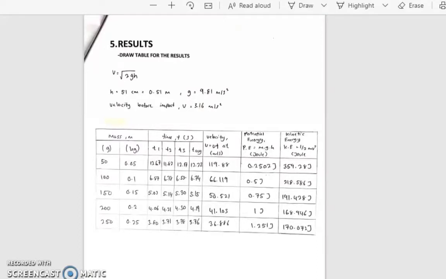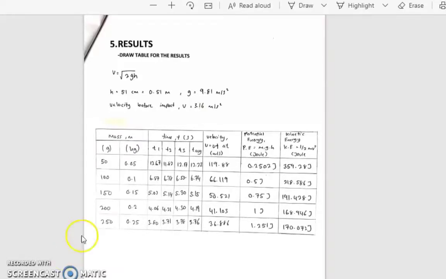And now I will explain the result and calculation for lab 4, potential and kinetic energy. On the result table, the data that is already given are mass in gram and time 1, time 2 and time 3.